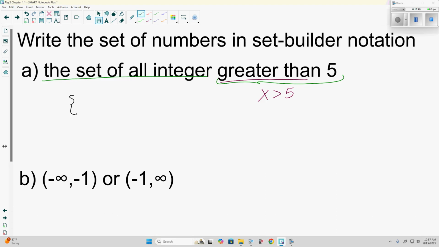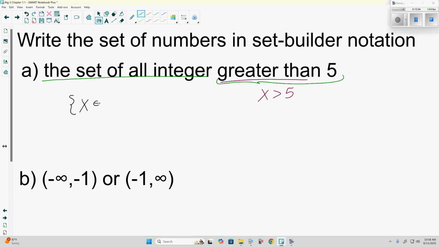So let's start writing it. The first thing we have is a brace. Now, up to this point, we've been doing x bar because it's the set of all real numbers. Brace x bar is the set of all real numbers. Are we talking about all the real numbers? No. What are we talking about? The integers.